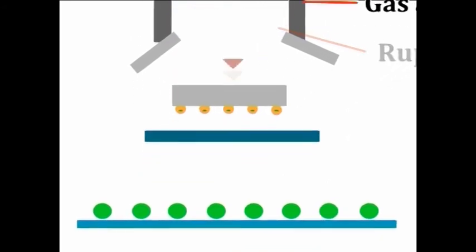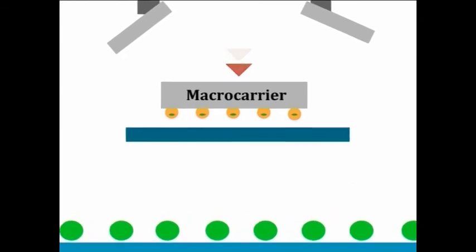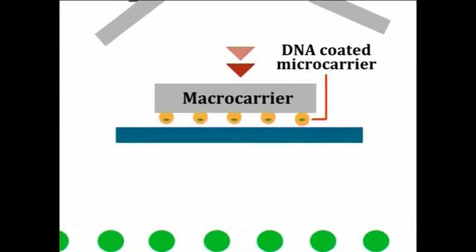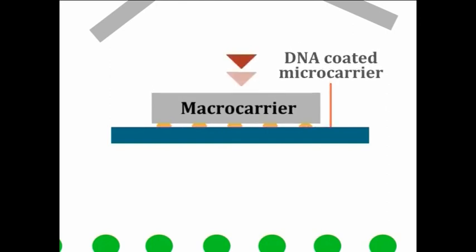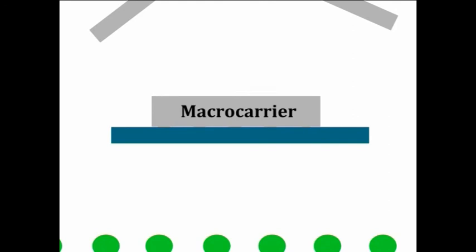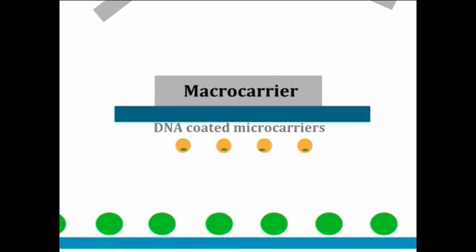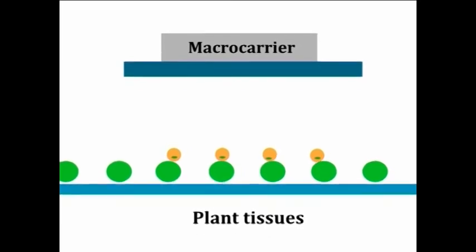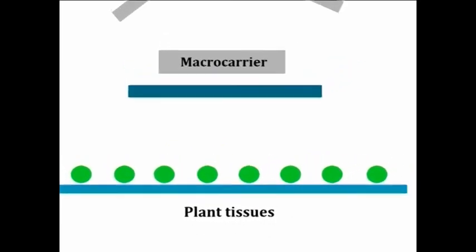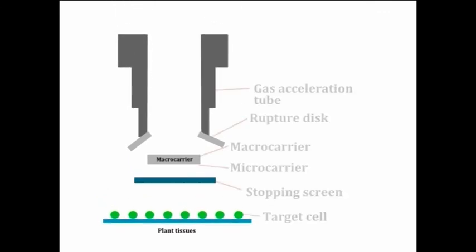Helium shock waves generated will accelerate the macrocarrier, which has DNA-coated microcarriers attached onto it. The larger macrocarrier is stopped by the stopping screen, but the microcarriers pass through the screen and finally embed into plant tissues, which are kept 10 millimeter below the stopping screen.